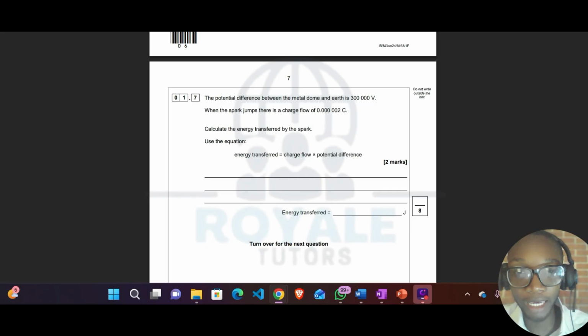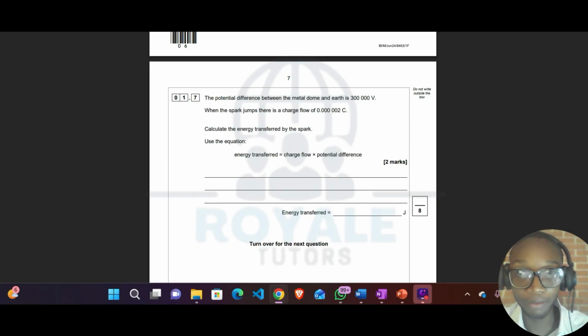So what is the energy transferred? That's what we're asked to find, right? How do we find it? We're to use the charge flow times the potential difference. So what is the charge flow? Let's go back to the question. The potential difference between the metal dome and the earth is 300,000 volts. So we know that the potential difference is 300,000 volts.